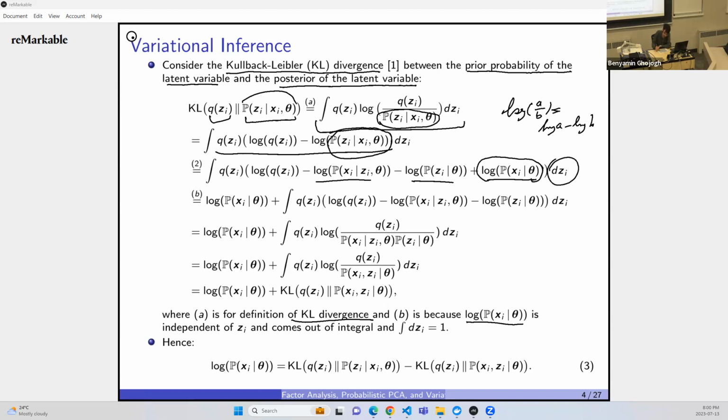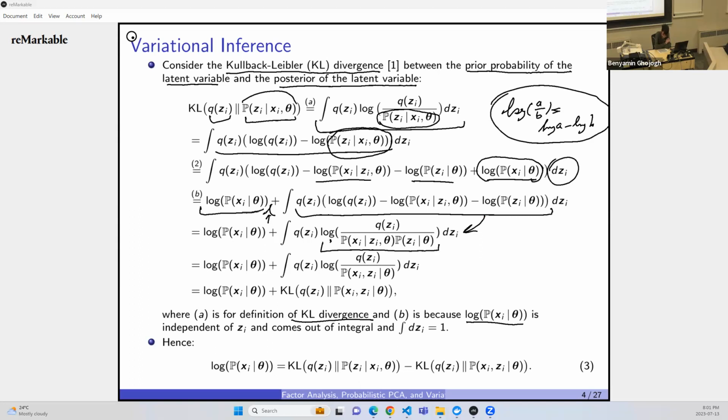Therefore, I can bring it out, right? And so it will become logarithm of P of Xi given theta times the integral of dZi, which becomes 1, so times 1, right? So I have this plus the rest in the integral. Then I can simplify this back, using this formula, to what I have here.